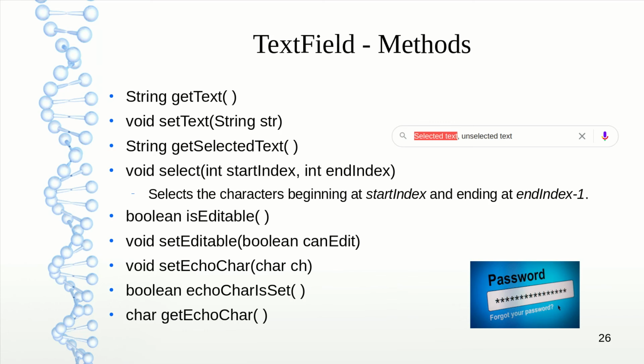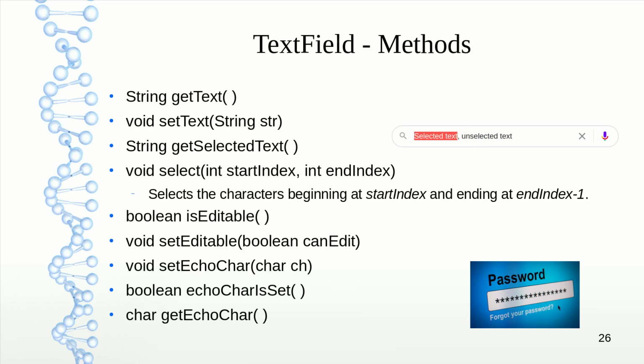Then we have a Boolean function isEditable, which returns true if the text box is editable by the user. And then we have setEditable, which sets the editable property of the text box. Then we have setEchoChar with character ch. You must have seen this on a number of occasions, especially when you type a password.